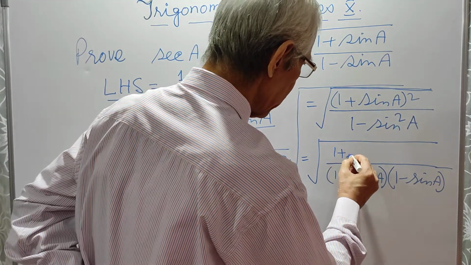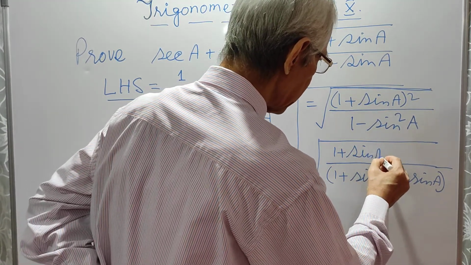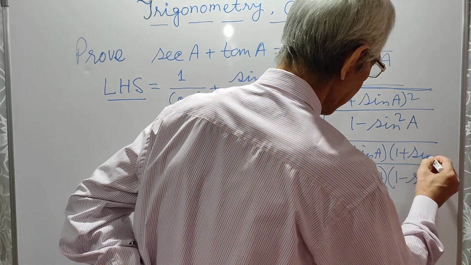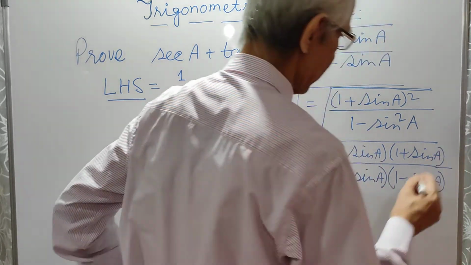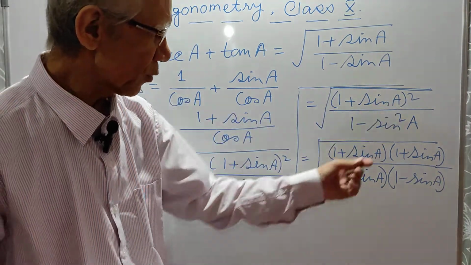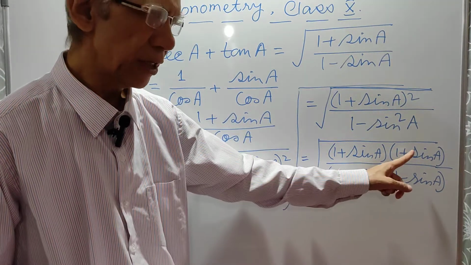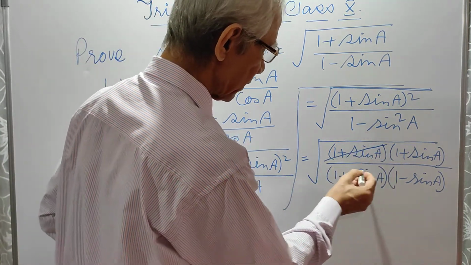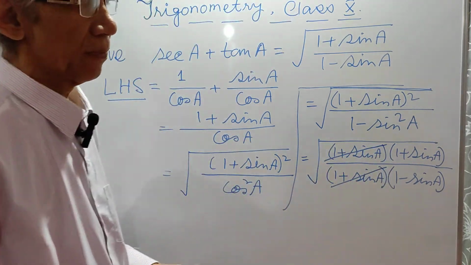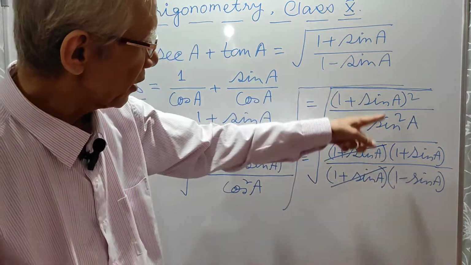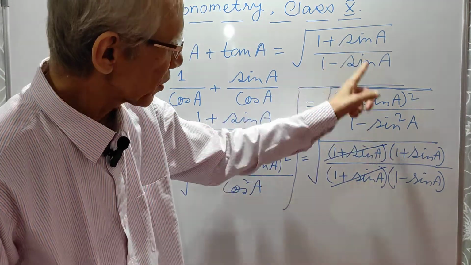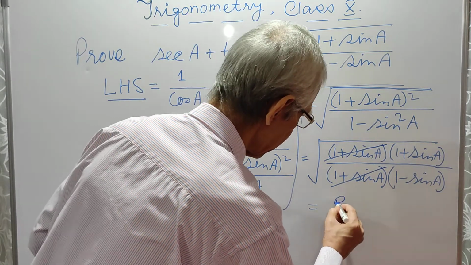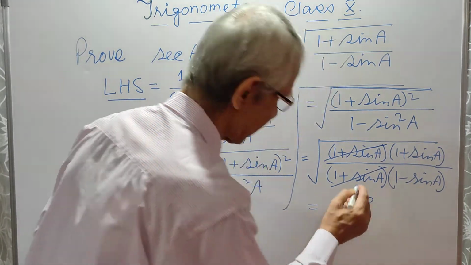So it is 1 plus sine A into 1 plus sine A. Why we separate? Because we want to cancel. See. Now what remains, isn't it, right hand side? Square root of 1 plus sine A by 1 minus sine A. So we have got right hand side.